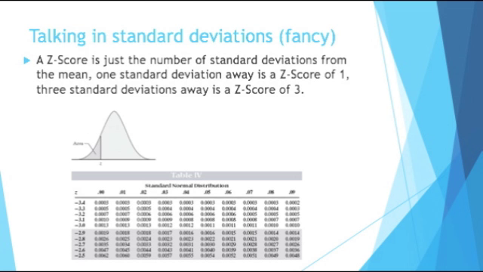So a z-score is simply put just the number of standard deviations from the mean, from your average. If you're one standard deviation away in the positive direction, you have a z-score of 1. It's a way of describing where a certain piece of data is in your data set. Someone who likes a lot of bacon in our example might have a z-score of 2 or 3.